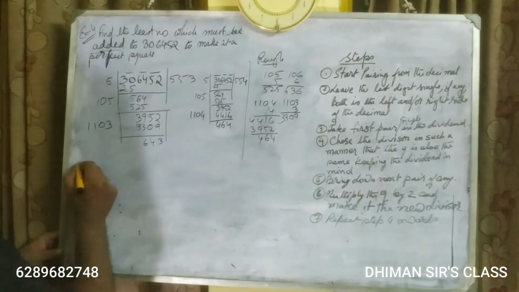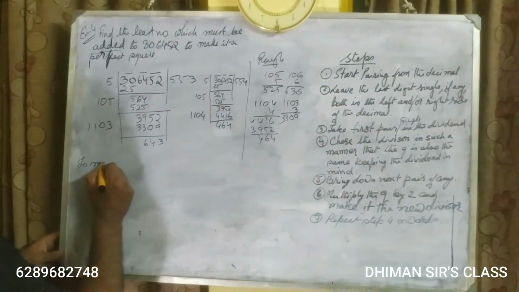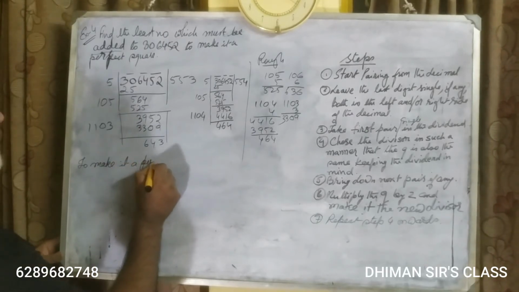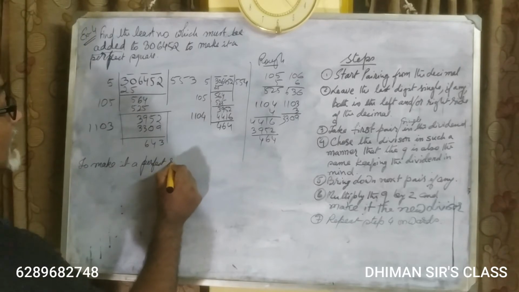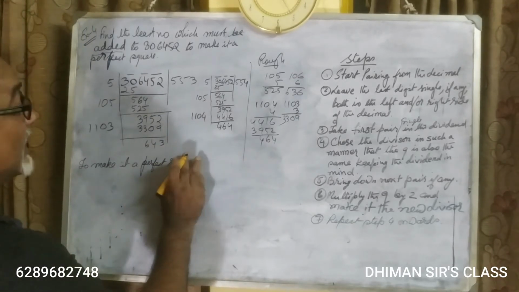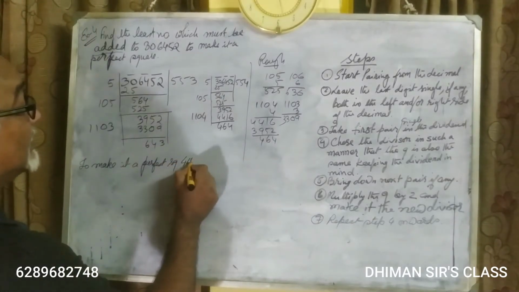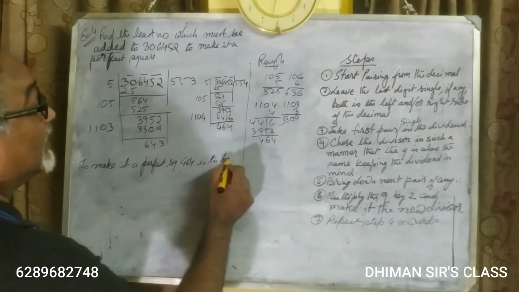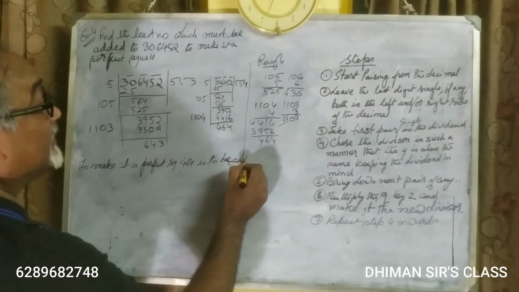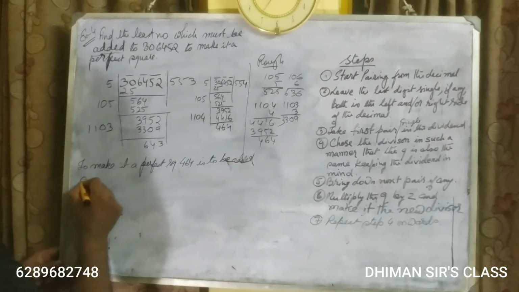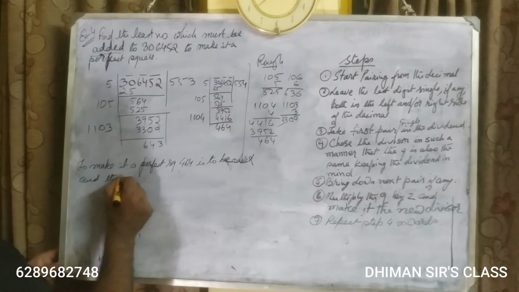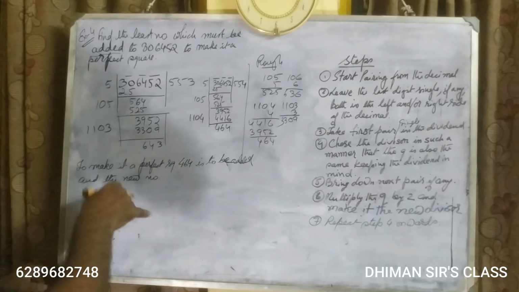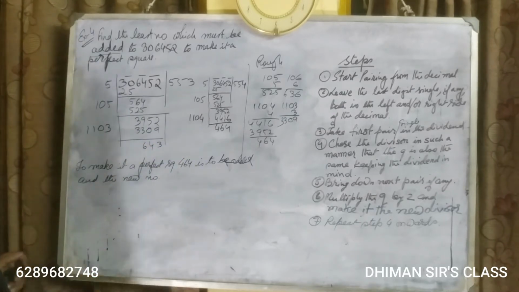So to make it a perfect square, 464 is to be added, and the new number, next time I will not write the statement, same type of statements I will not repeat to save the time.